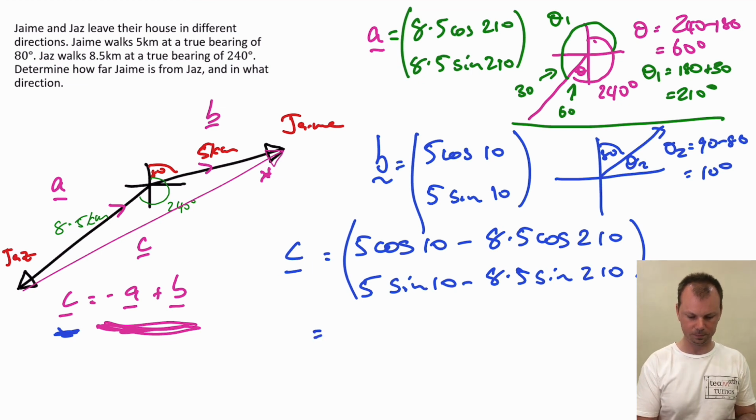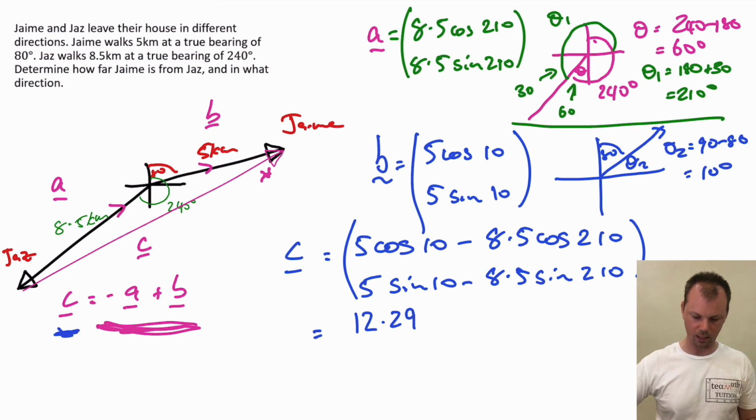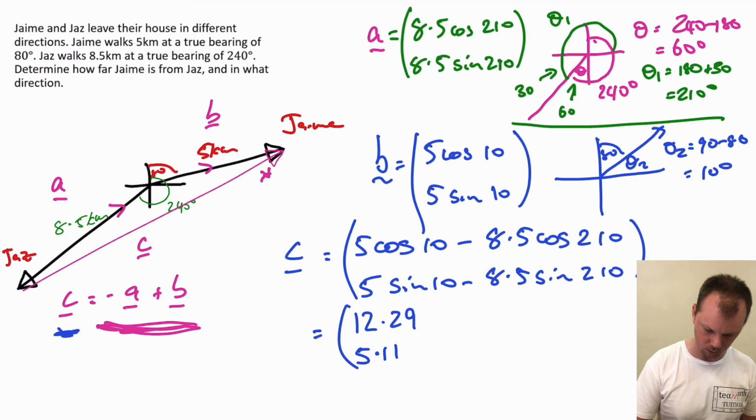Let's pop it in. 5 cos 10. So I get 12.29 for my x direction. And 5.11 in my y direction.